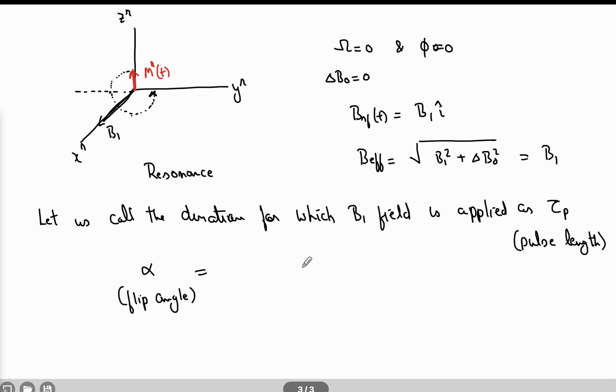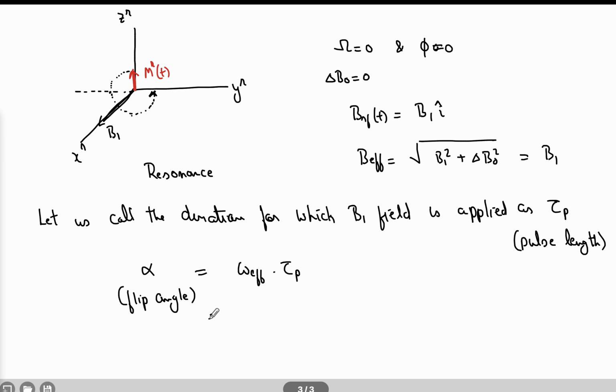Okay, so alpha is given by omega effective, because now it is precessing about B effective, into tau P, right? So alpha can be calculated as angular frequency into the time for which that particular movement is happening, right? So for the period during which the B1 field is applied.